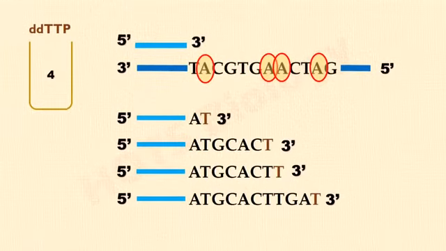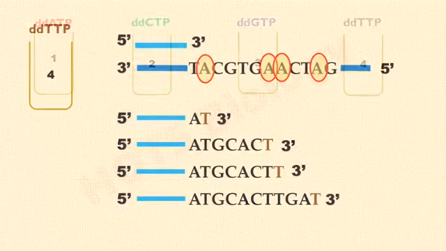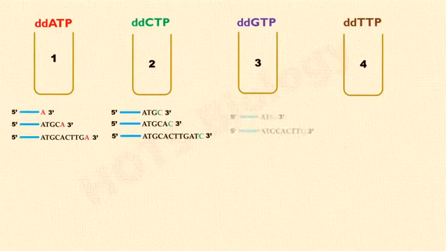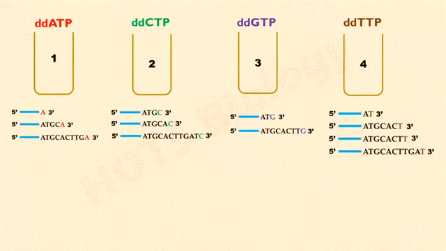And in the fourth reaction, 4 partial replication products are produced. Upon the completion of the 4 parallel reactions, partial replication DNA products will occur for every nucleotide in the template. That means each reaction now has a set of DNA fragments that have the same starting point but different end points.